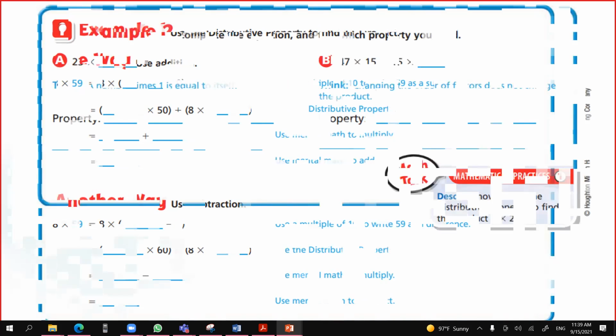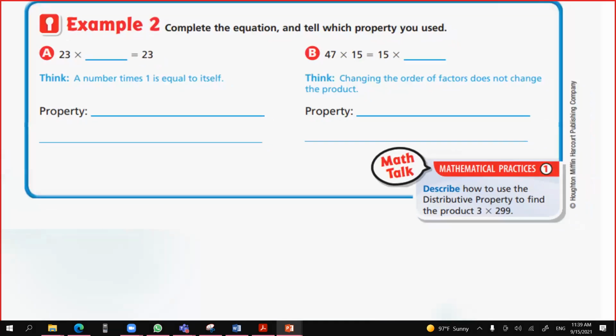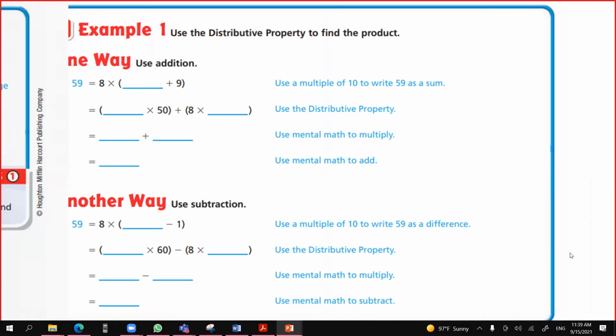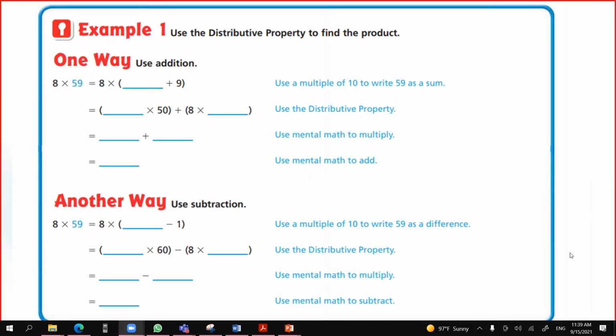I will say now, 59 is 50 plus 9. Here, we need to multiply 8 by 59. So I will write 59 as 50 plus 9.